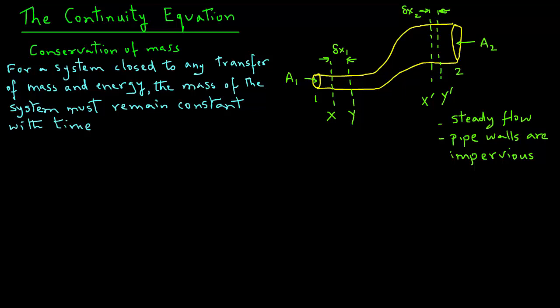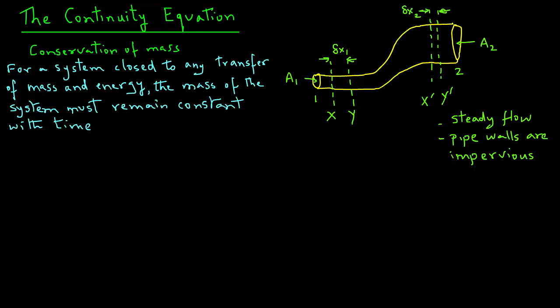So what we essentially see here is that fluid initially was in x x dash, and it moves after a certain time period to a new location y y dash. To meet the requirements of conservation of mass, the fluid that is contained between x and x dash must equal the amount of fluid that's contained in y y dash.